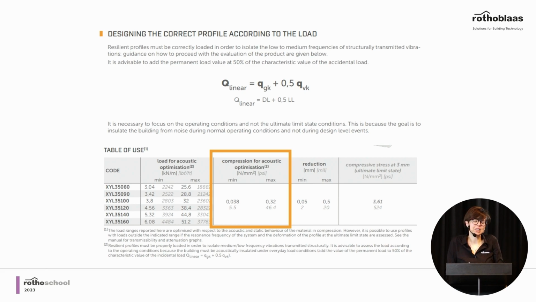So the dead load without any coefficient and half of the live load. And it is quite a reasonable way to calculate the weight and to have a good estimation of the loads that are applied in the building.